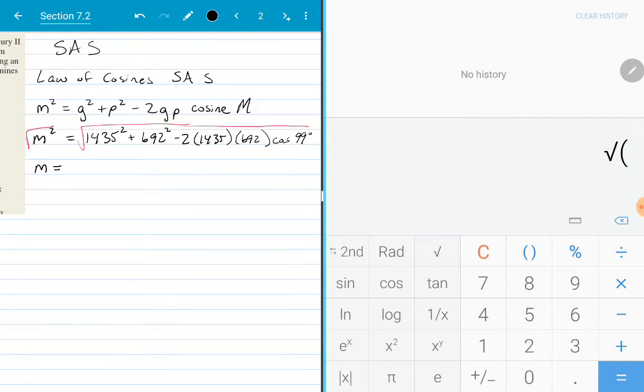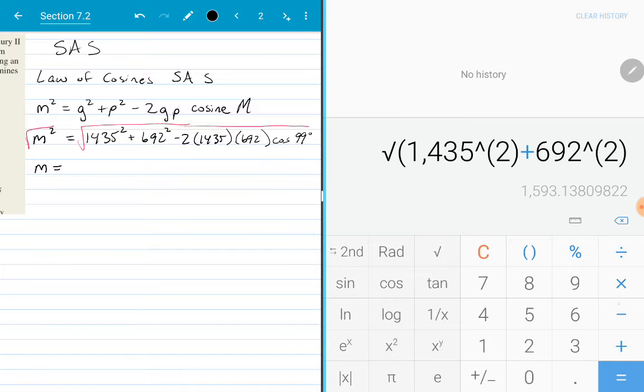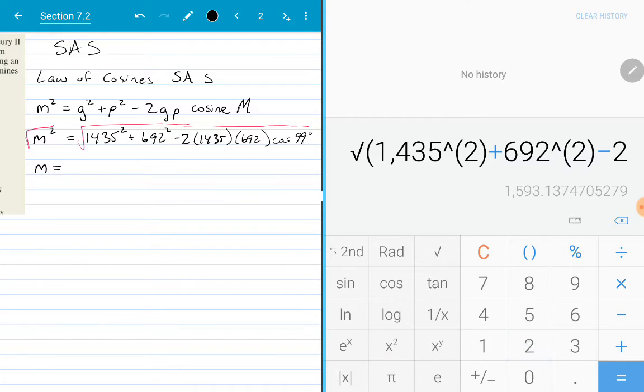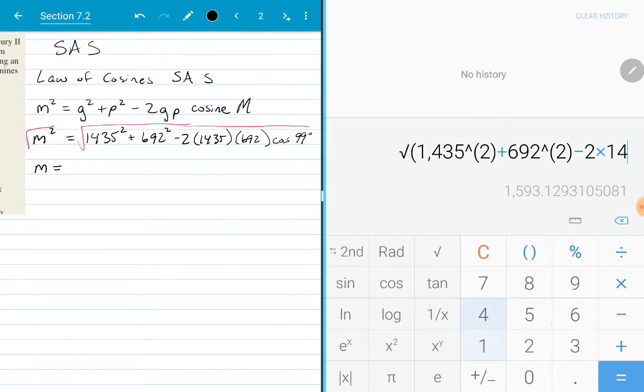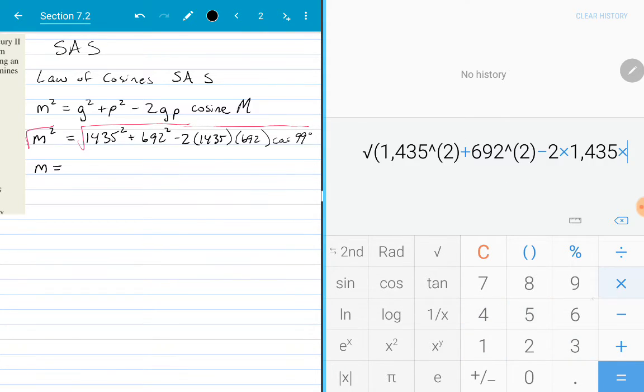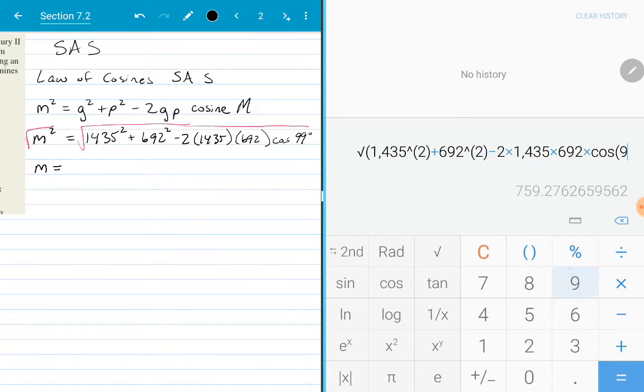So I get the square root of, giant parenthesis, 1435 squared plus 692 squared minus 2 times 1435 times 692 times cosine of 99.